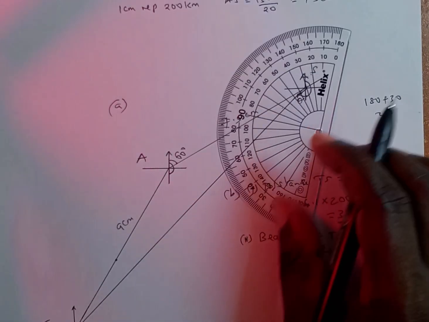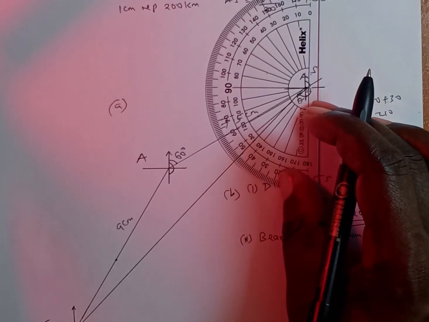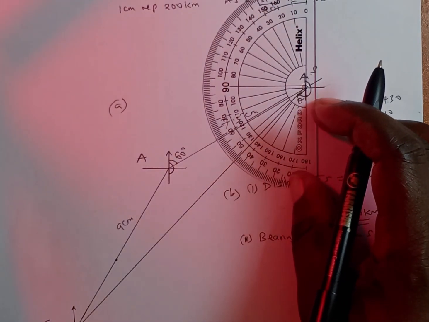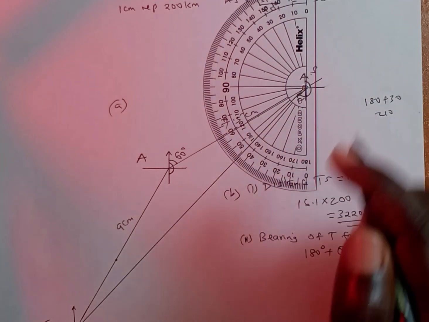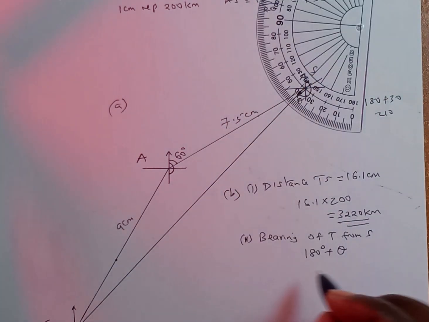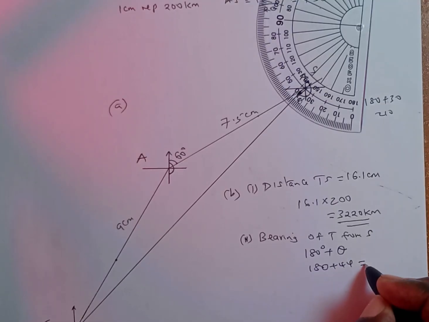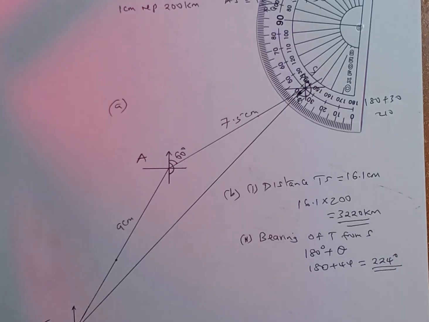So we can determine the angle theta by using our protractor here. And according to our angle, this is around 44 degrees. So it's 180 plus 44, giving a total of 224 degrees as the bearing of T from S.